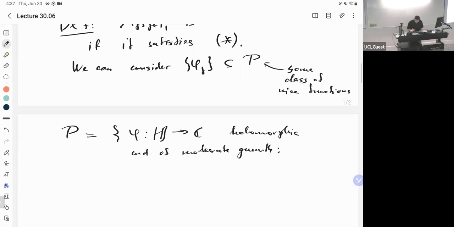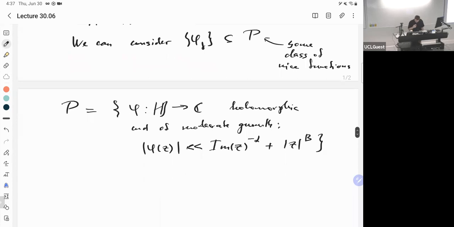What this means is that the functions have to satisfy some growth condition in the upper half plane, of the form that we want it to be bounded by some negative power of the imaginary part, plus maybe some power of the absolute value.